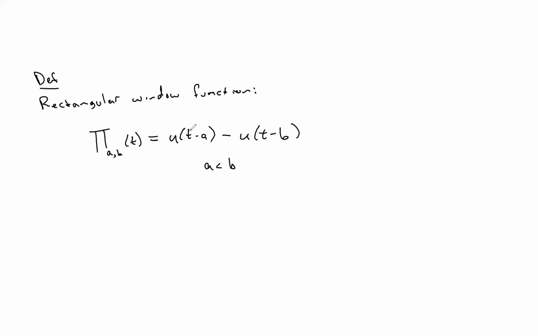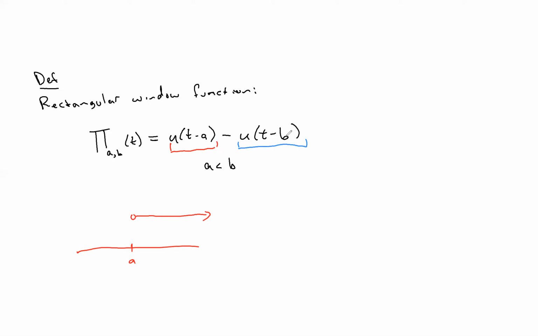This function here, this first one, u of t minus a, if we think about what that looks like at a, is when it switches on, right? From there forward, it's 1. Okay. This other function, u of t minus b, it's shifted over b units.